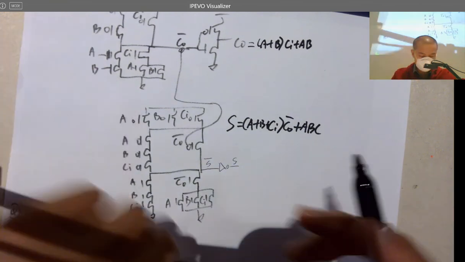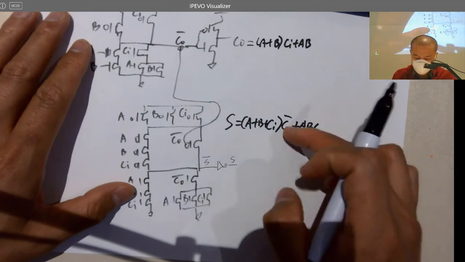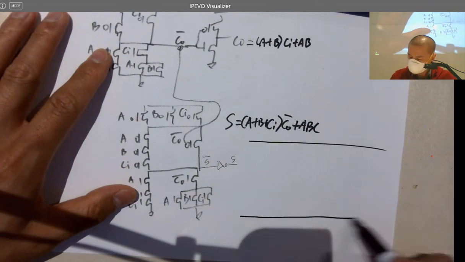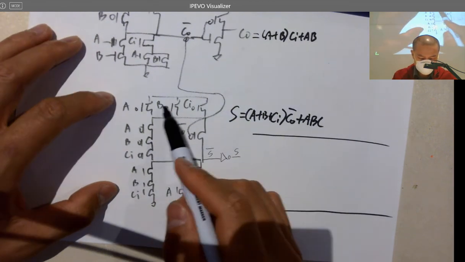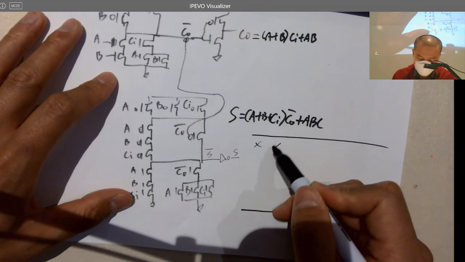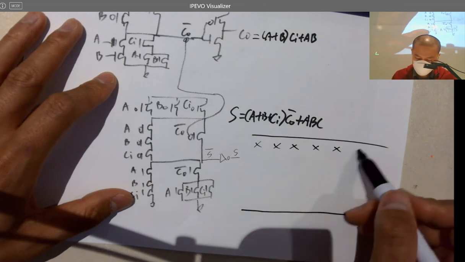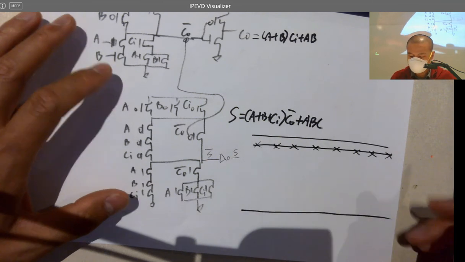And now the layout, the stick diagrams. For S, how many transistors do we have? 1, 2, 3, 4, 5, 6, 7. That's the longest we have had.